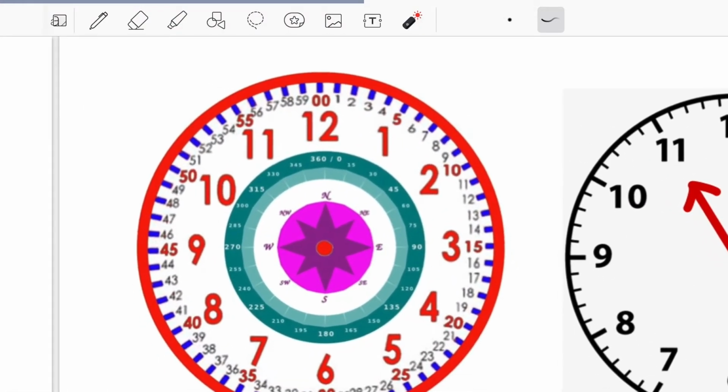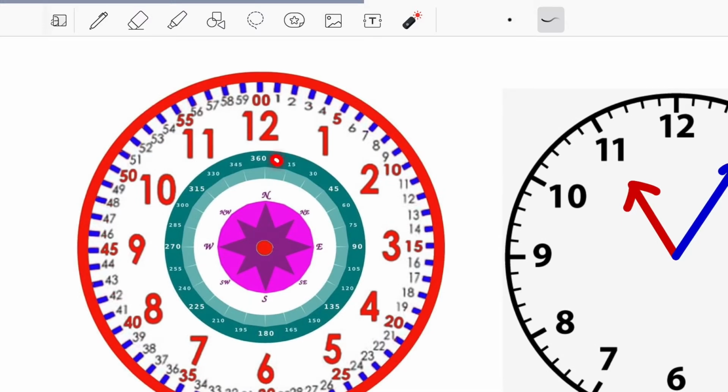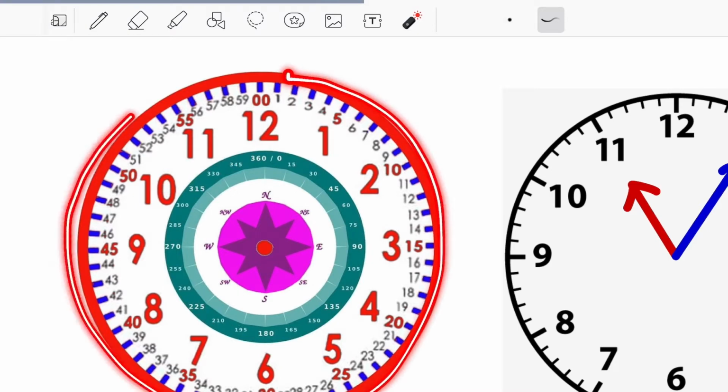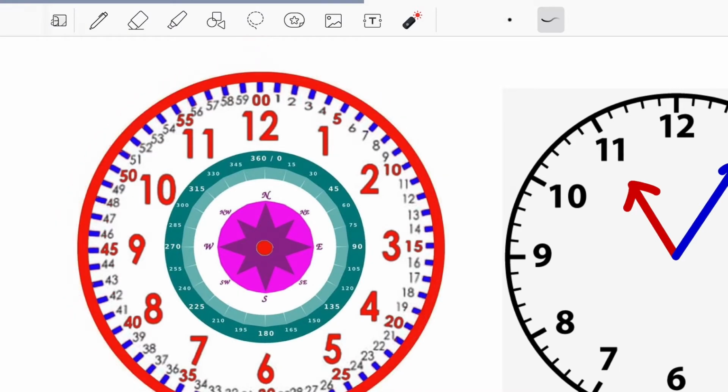So we can also see it on this clock here. Try to ignore the other information inside here. If we look at the numbers on the outside, we have more details on the minutes.